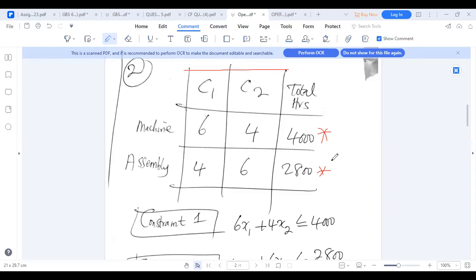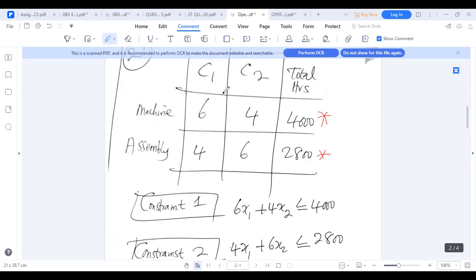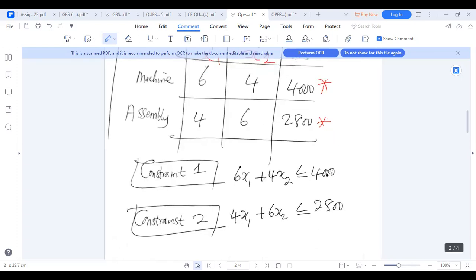So meaning, this constraint, we are combining. C1 is represented by X1, and C2 is represented by X2. So the constraint here will be 6 multiplied by X1, which is 6X1, plus 4 multiplied by X2, which is 4X2, which should be less than or equal to 4,000.